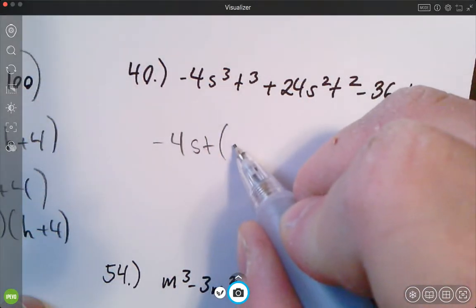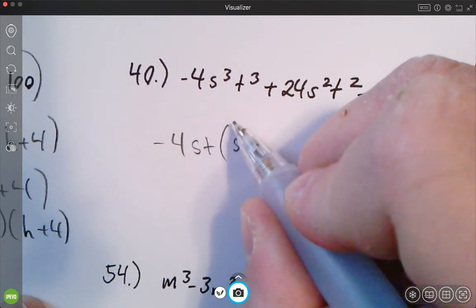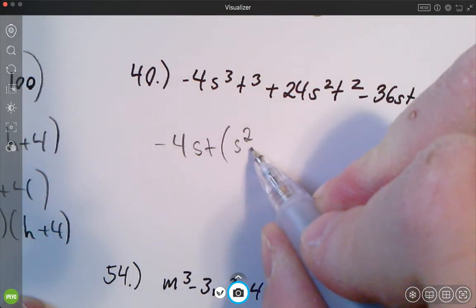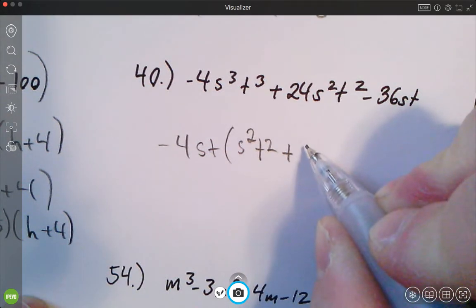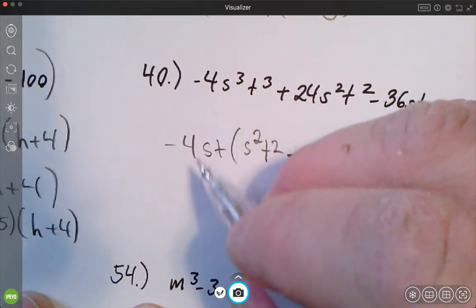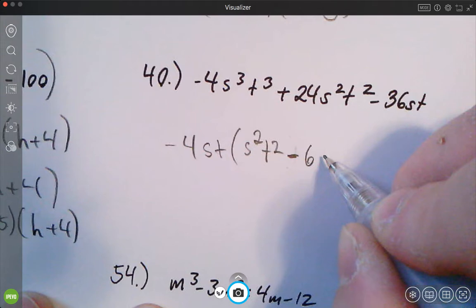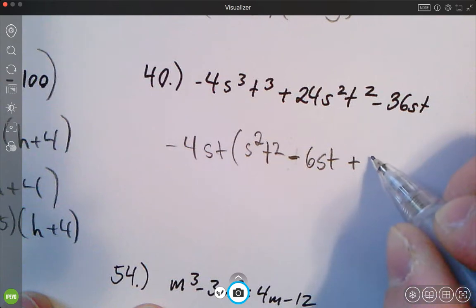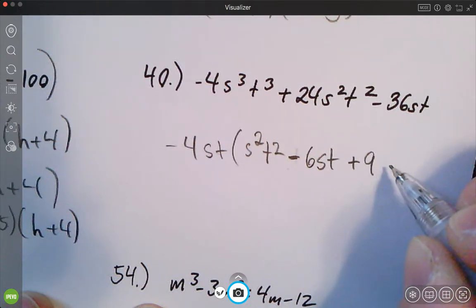So here I would be left with s squared and t squared, minus, no, not plus, minus. 4 times 6 is 24, so this would be 6st, and then plus 4 times what is 36? It's 9, right? 9, and that's it.